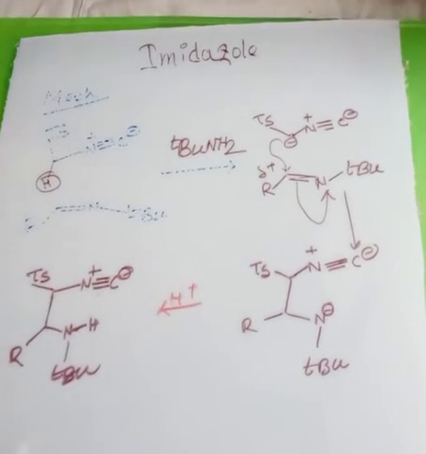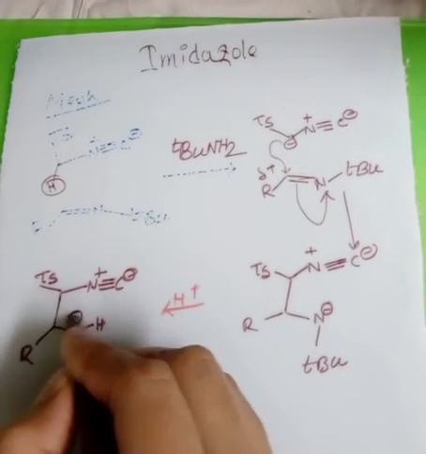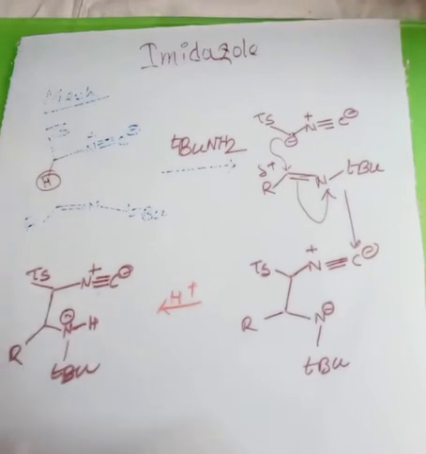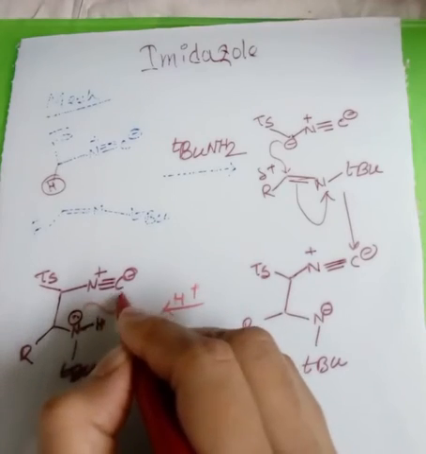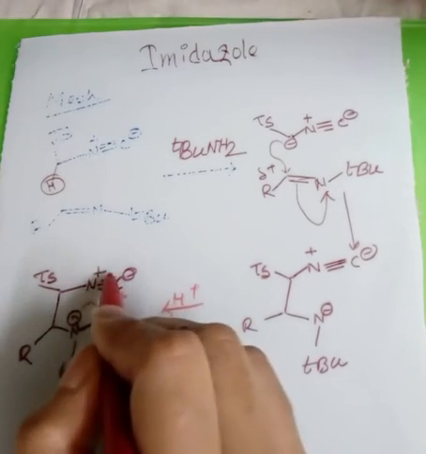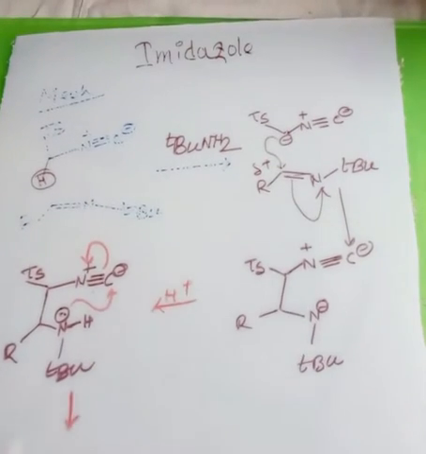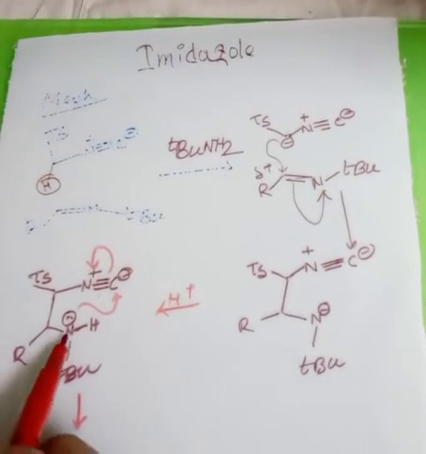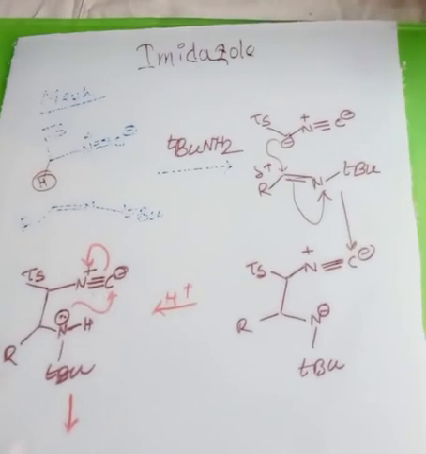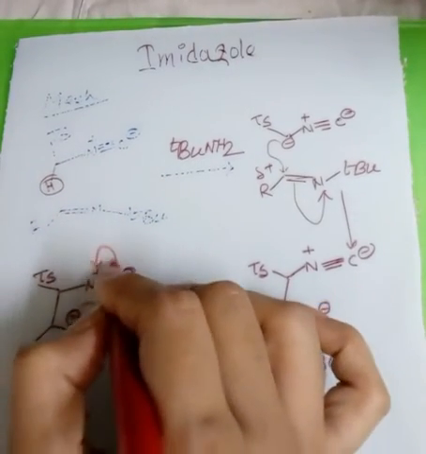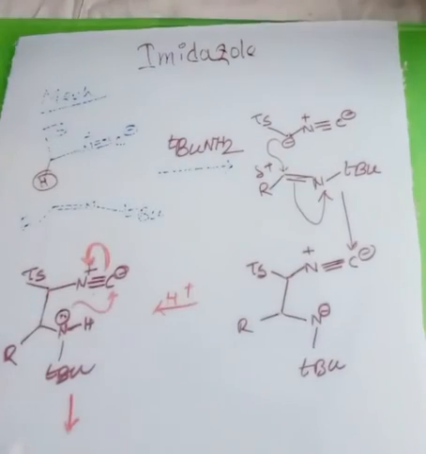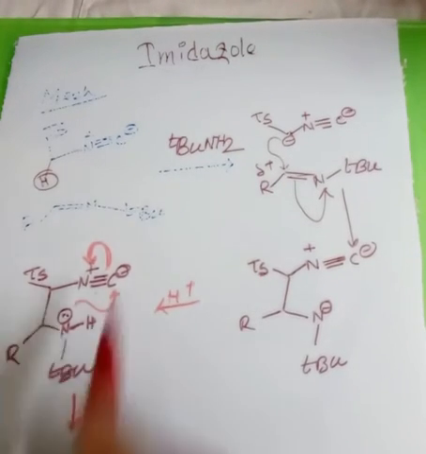Now nitrogen has a lone pair, and through its lone pair it will attack that carbon. This bond will rotate. This is actually 5-endo-trig, meaning a 5-membered ring forms, and endo means bond rotation inward, and trig means trigonal.